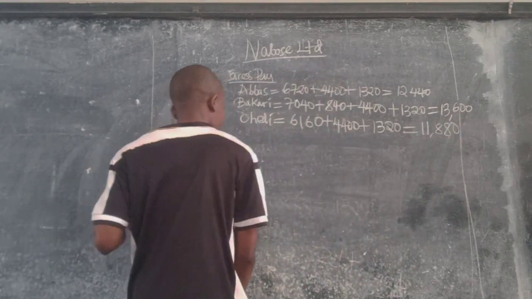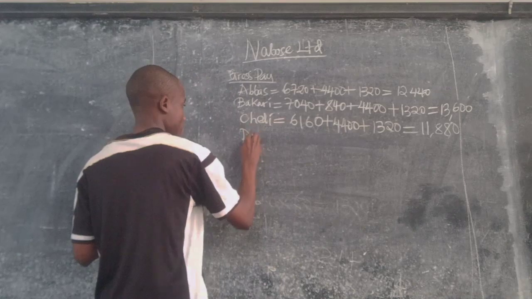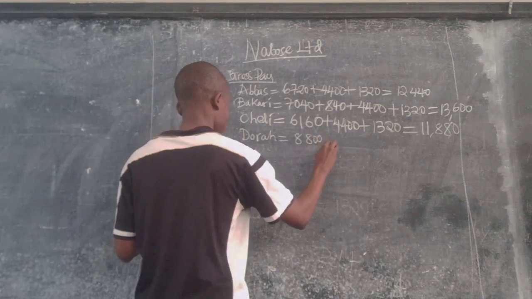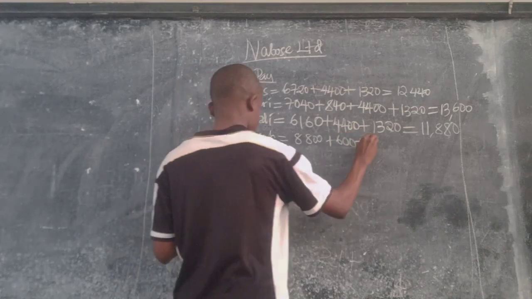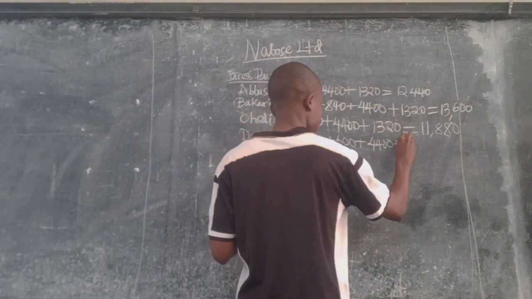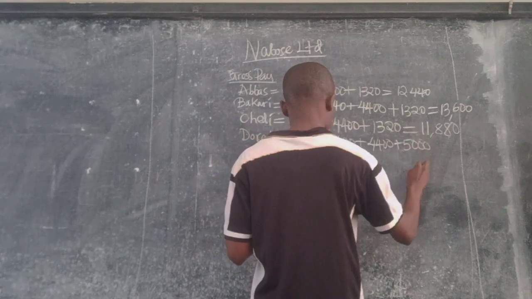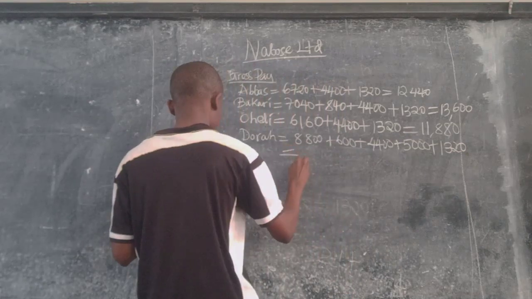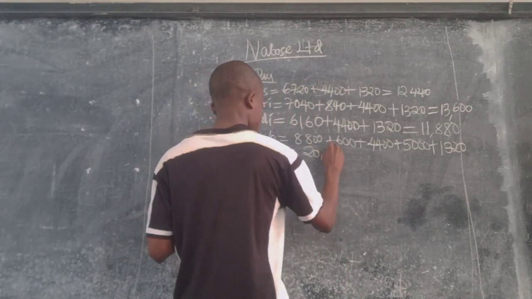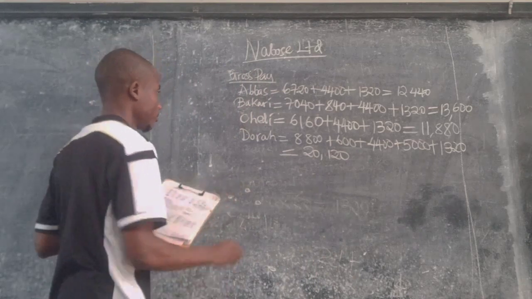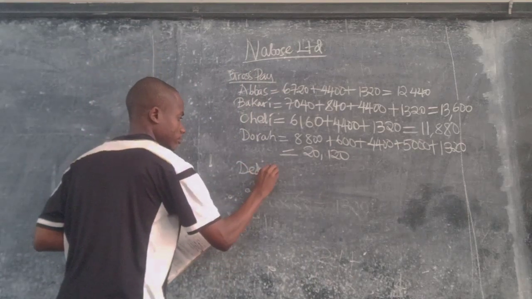For Dora, you take her basic pay, which was 8,800, plus her allowances, which was 600 plus 4,400 plus 1,320. The answer will be 20,120. You understand? So you take basic pay plus allowances in order to get gross pay.